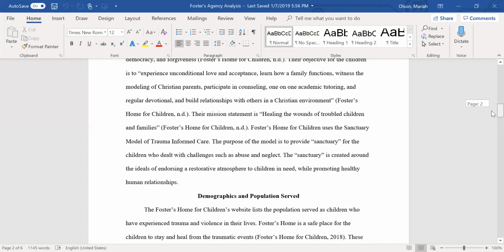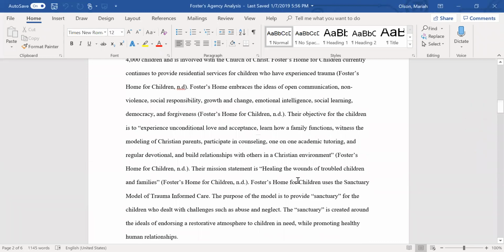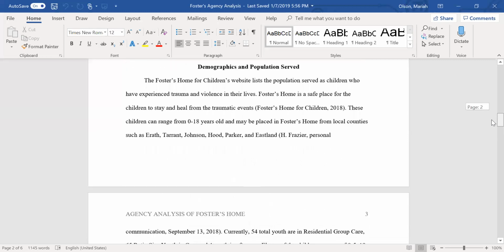Basically, a small overview of what they do, why it's needed, and where it is located. This information will come mainly from the website of the agency that you're working with, because this will be where most of this information is laid out, or any pamphlets that they have.